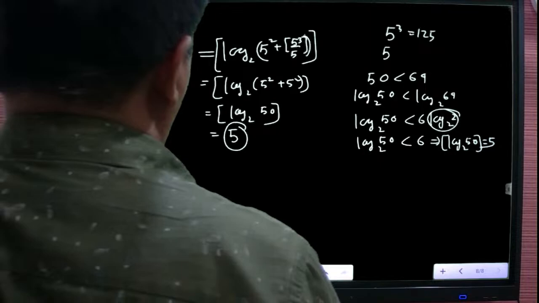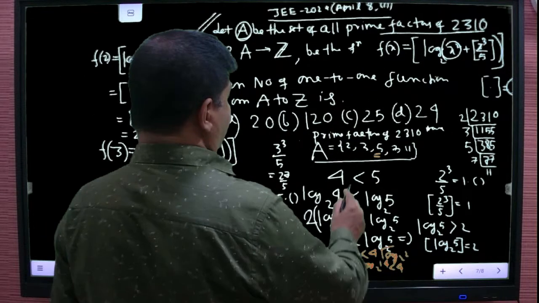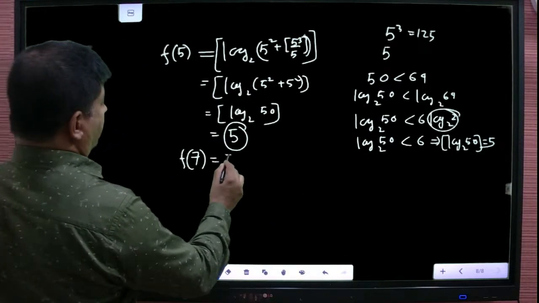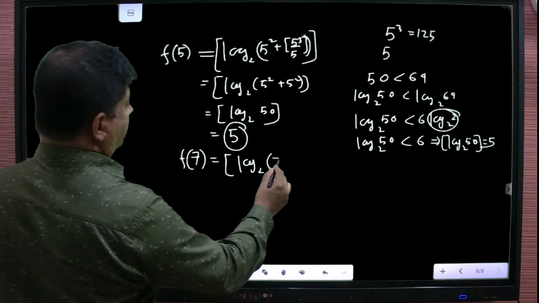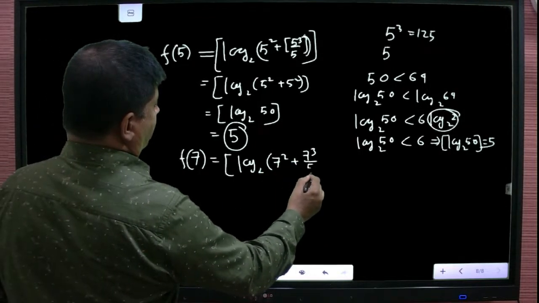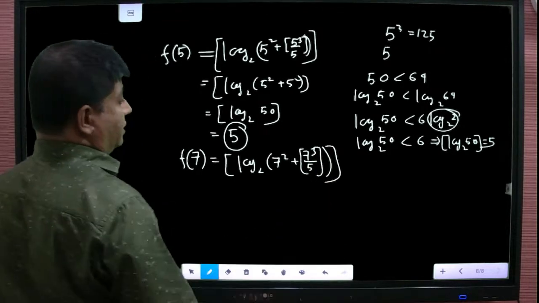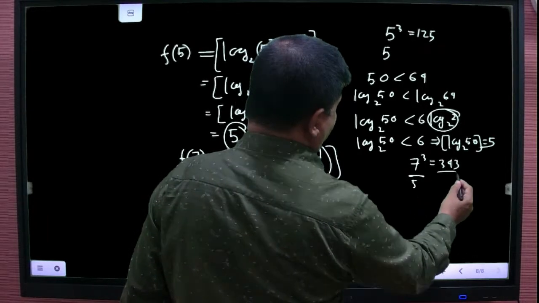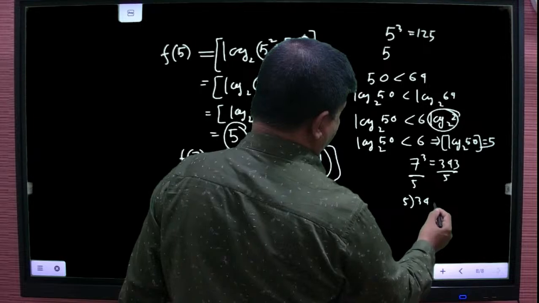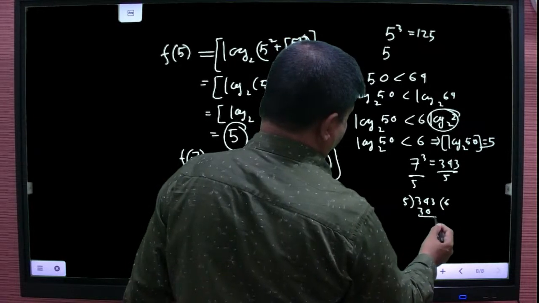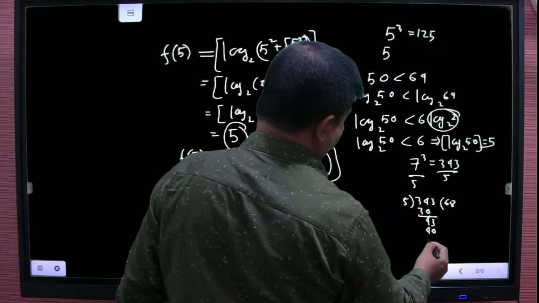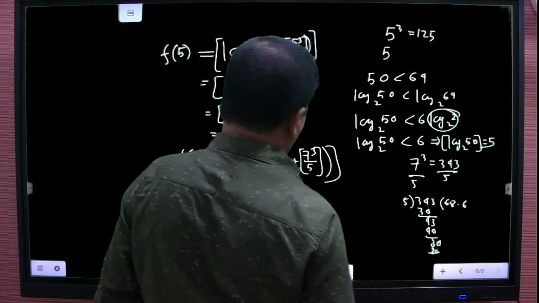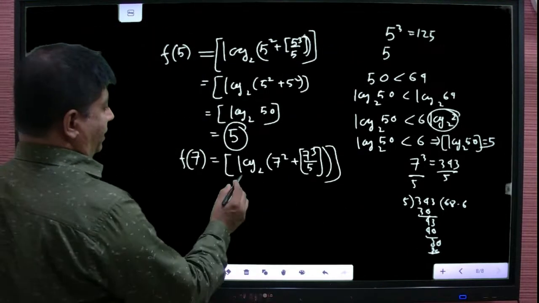Now, the next term is F7. F7 is what? Log base 2 of 7 square plus 7 cube by 5. 7 cube is 343, by 5 is how much? 68.6, the box will be 68.